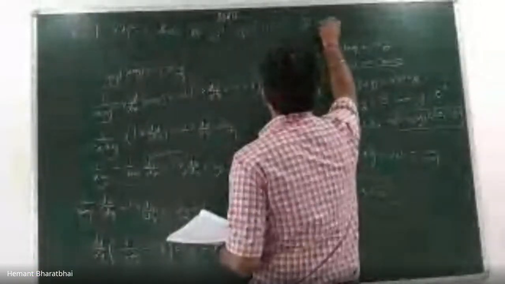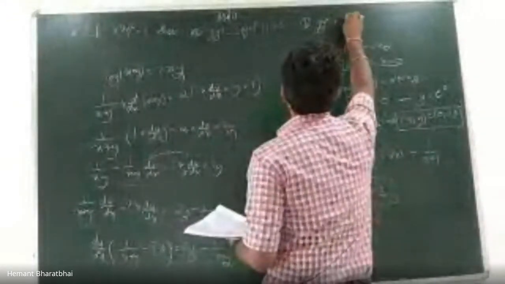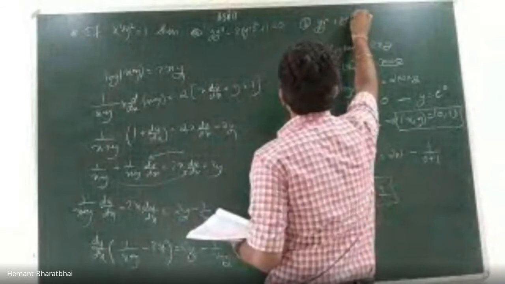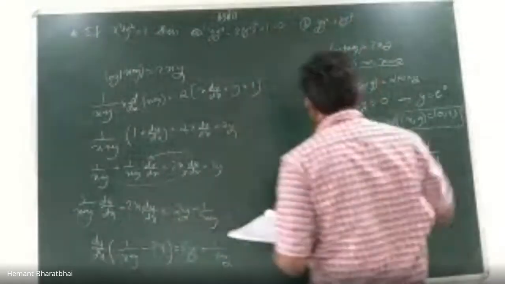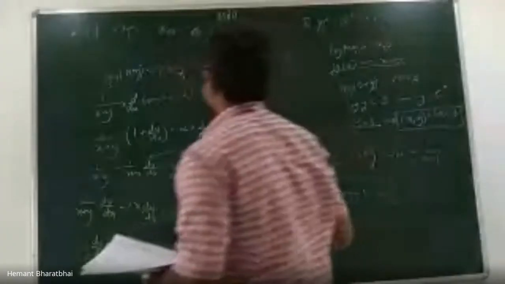Option B, y double dash plus y dash the whole square plus 1 equals to 0.